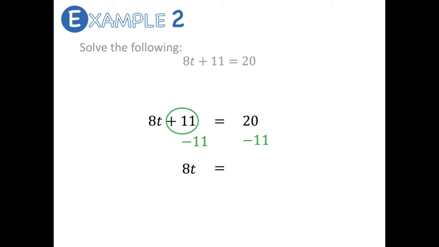It's equal to 20 minus 11, which is equal to 9. So 8t is equal to 9. Next, I need to remove my 8. And it's 8 multiplied by t, so the opposite of multiplying by 8 is to divide by 8. So dividing both sides by 8, that leaves me with t is equal to 9 over 8.